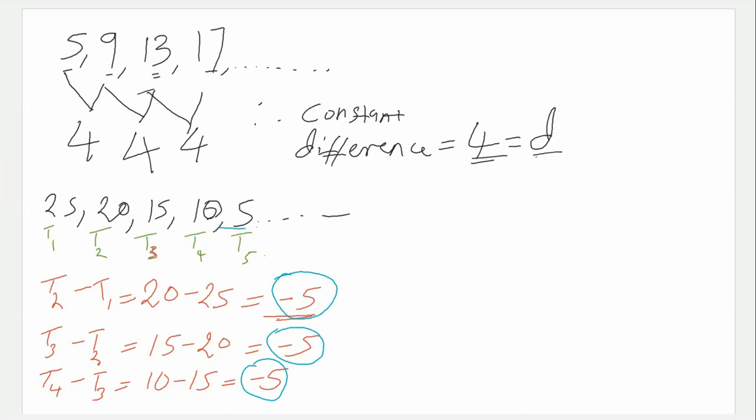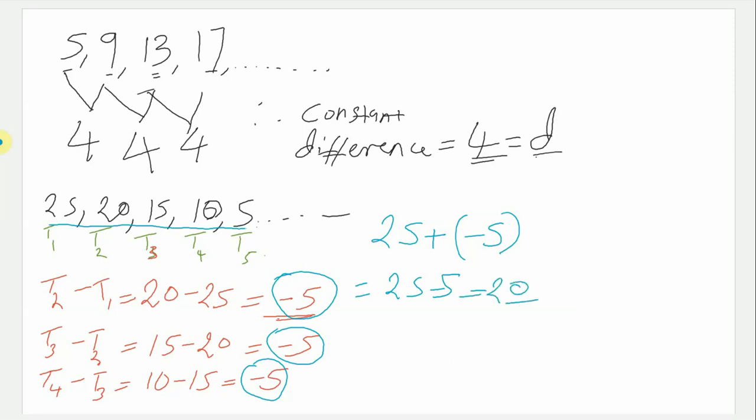To generate this sequence, you start from 25, and then you add negative 5, and then you get 20.